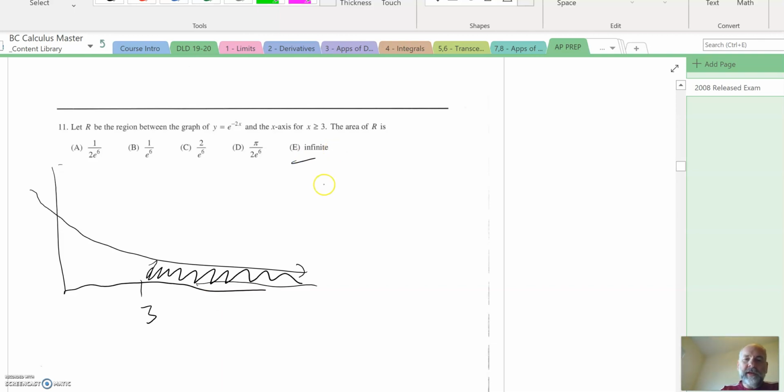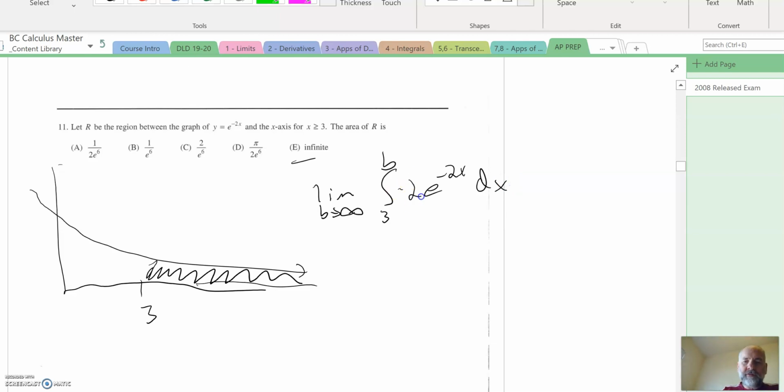All right, so it's the limit as b goes to infinity of the integral from 3 to b of e to the -2x dx.